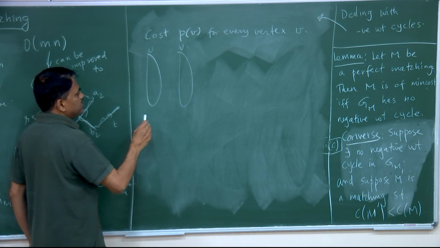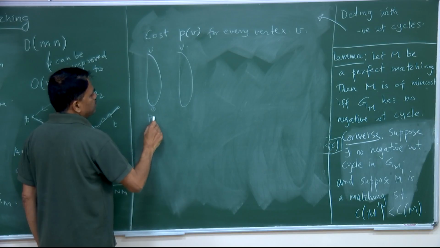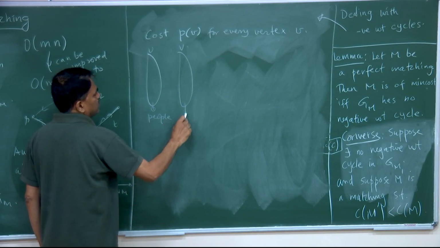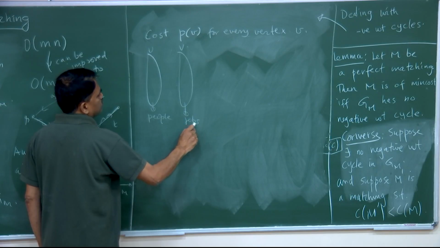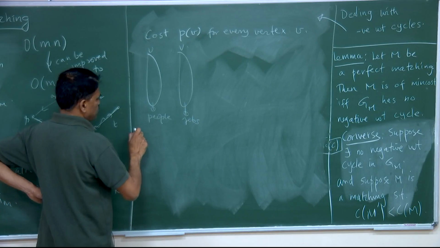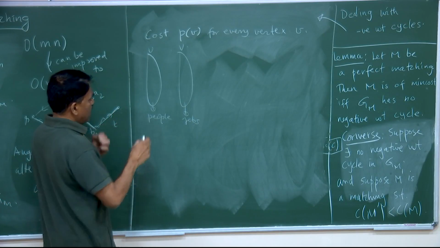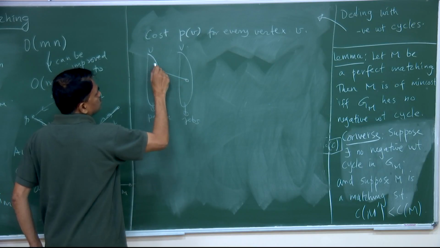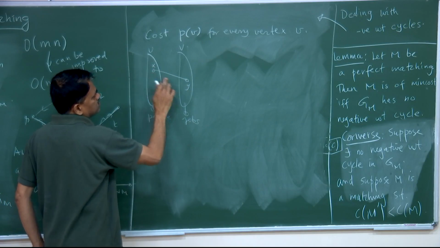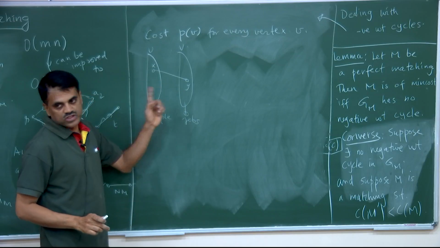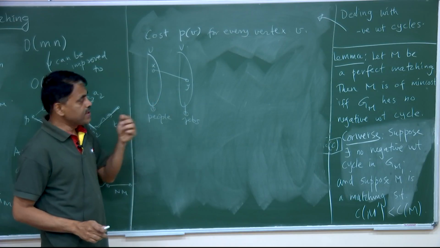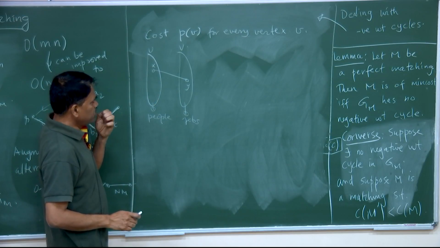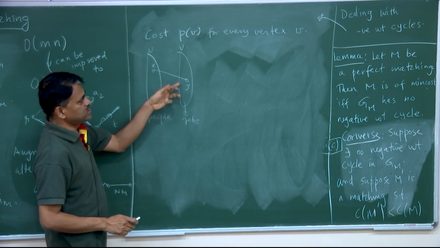So in other words, if you think of this as people and this as jobs, and the cost of xy is the cost of assigning person x to the job y. Okay, that is the cost. Now I'm going to give some signing bonus if I assign x to y.